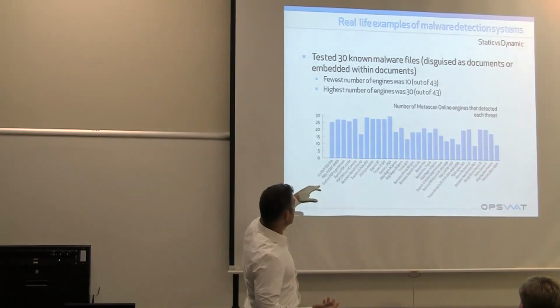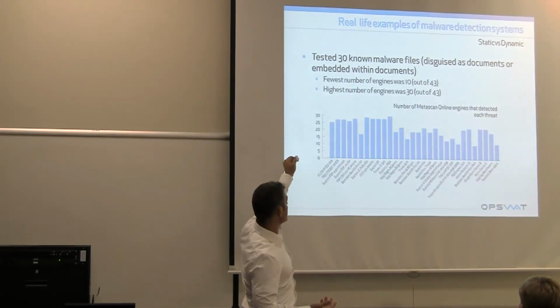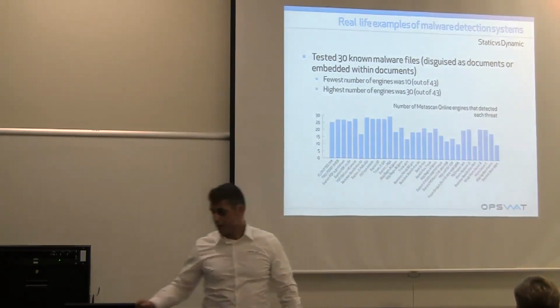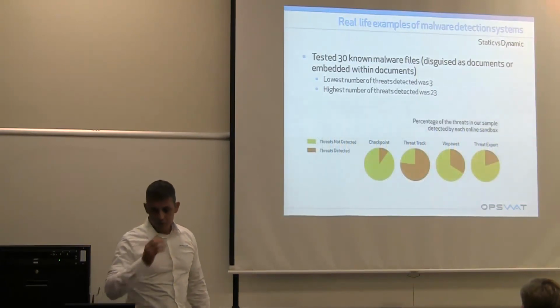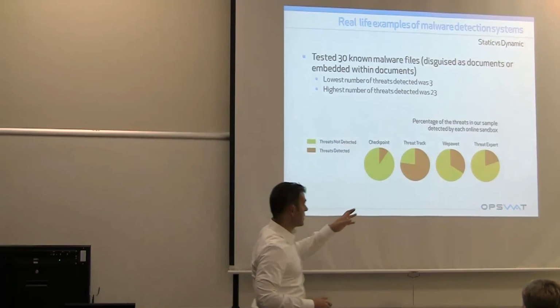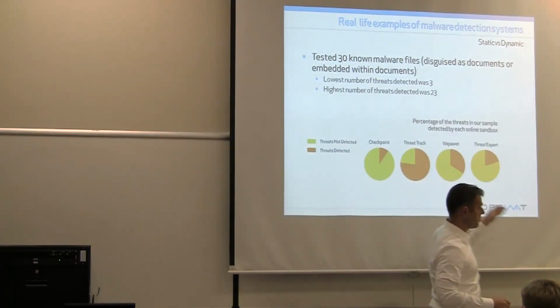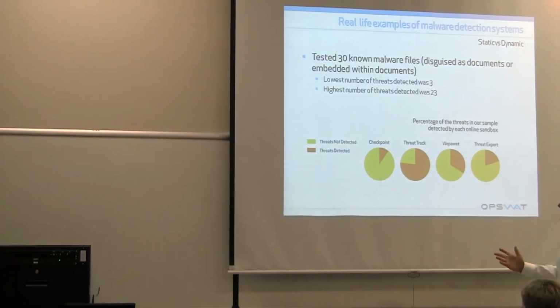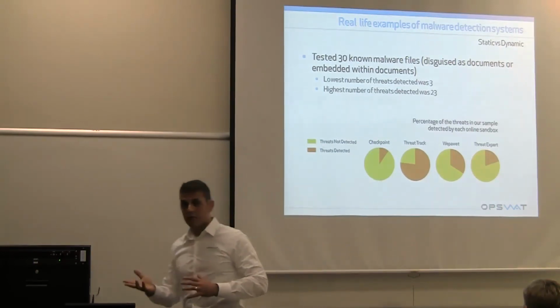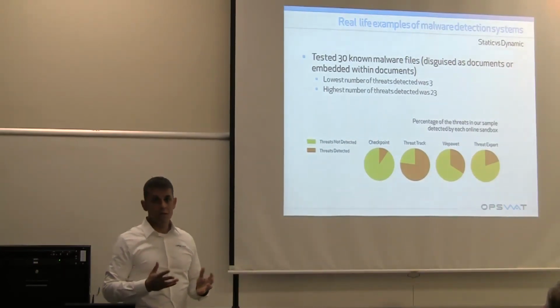However, we did some static analysis, of course, using many antivirus engines, and you can see that out of the 43 engines, almost never did more than 25 detect that as a virus. Then we also ran it using several commercial sandboxes, which is Checkpoint, Lastline, and Threat Expert, you can go and see that. Sometimes sandboxes detected viruses that static analysis did not, and sometimes not. It's very hard to say what is better for a specific goal.